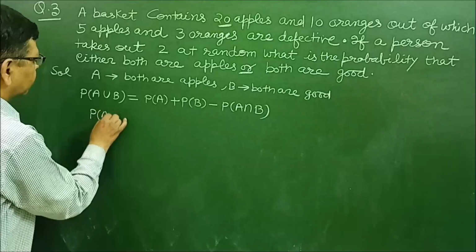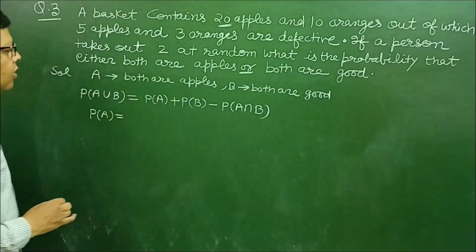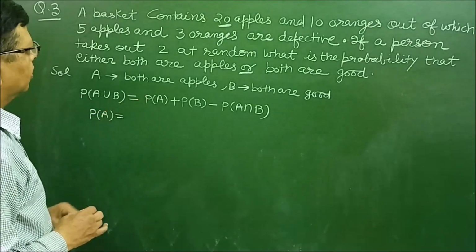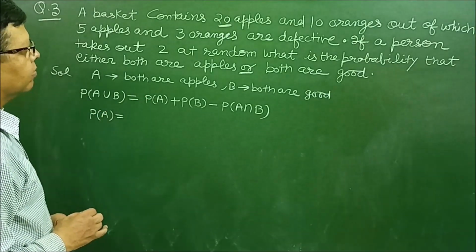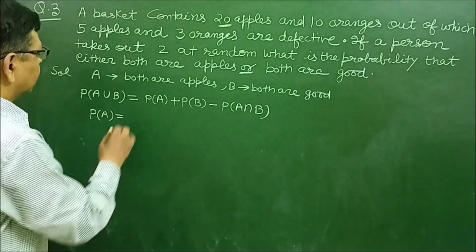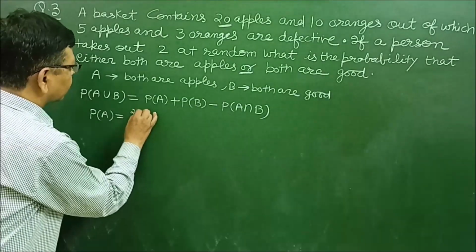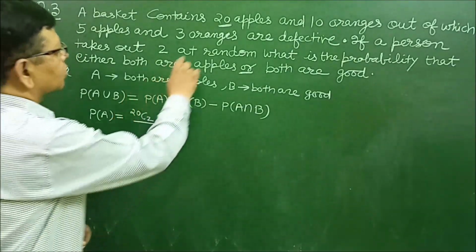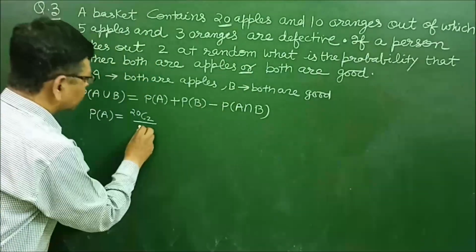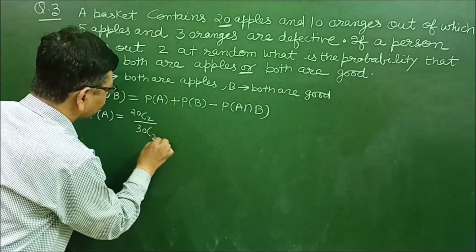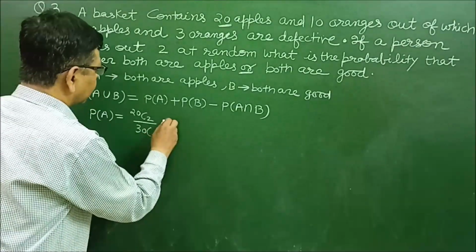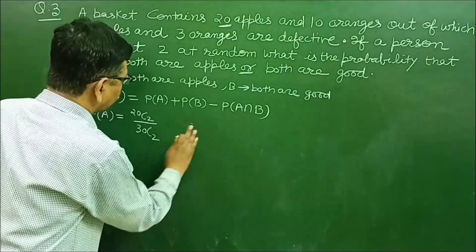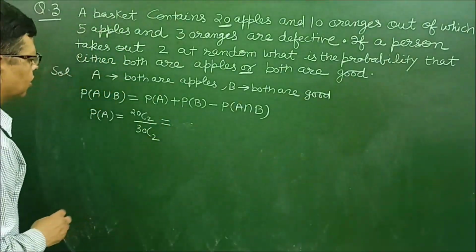Probability of A. Probability of A means both are apples, both fruits are apples. So out of 20 apples, we need to select 2, 20C2, and out of the 30 fruits, we need to select any 2, 30C2. Now let us first solve it. 20C2 upon 30C2.